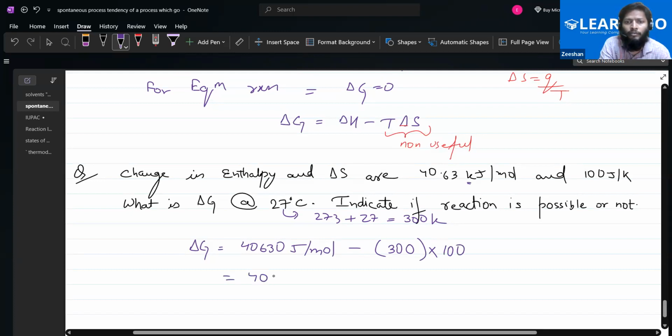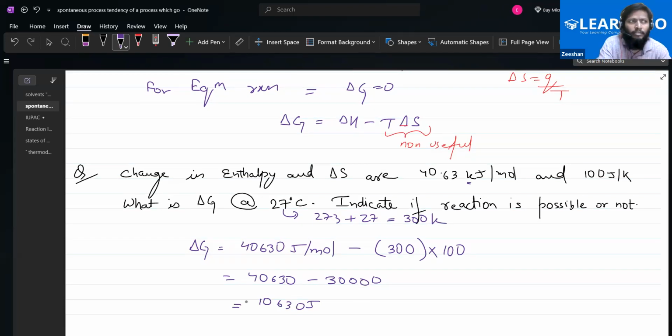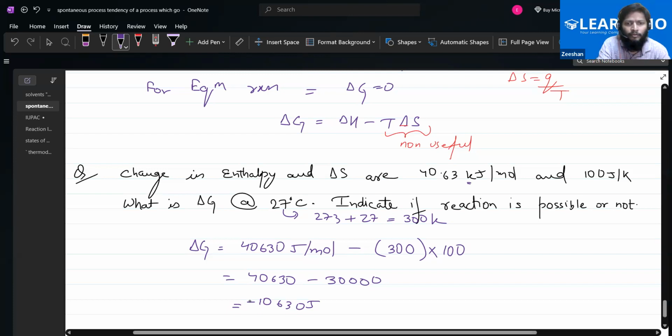So simple, 40630 minus 30,000, right? So finally the answer will be 10630 joule, right? So the answer is positive.